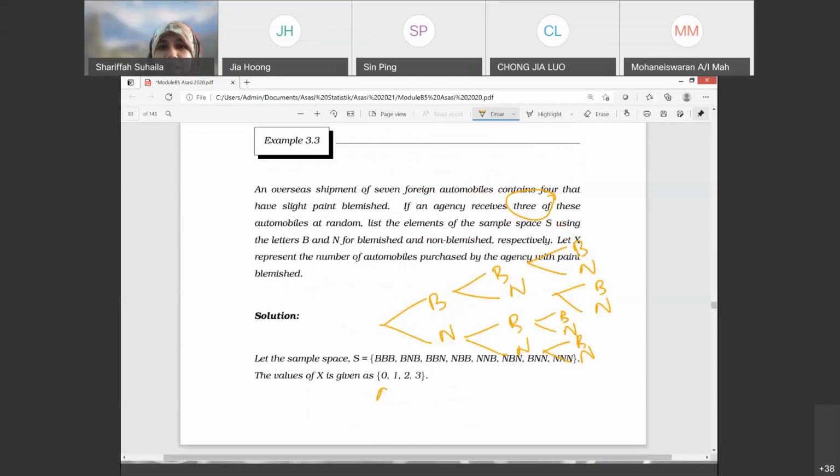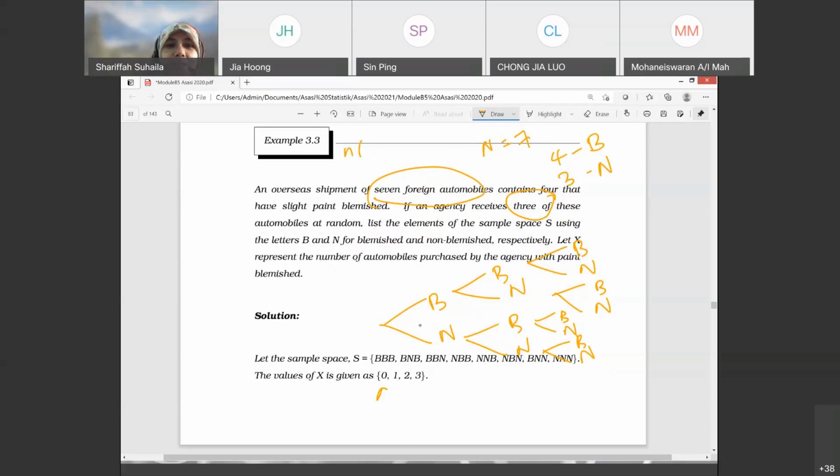You have 7 automobiles, so capital N here equals 7. 4 have paint blemish, none, you have 3.